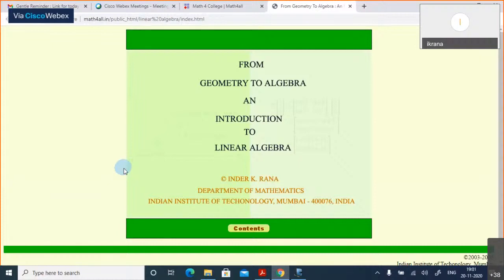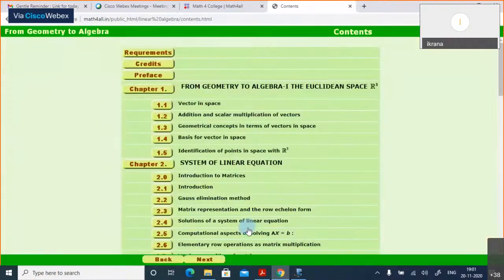You can buy that book as and when convenient if you want a hard copy. Otherwise, you can go online and look at the contents. It more or less gives you everything that I'm talking about.